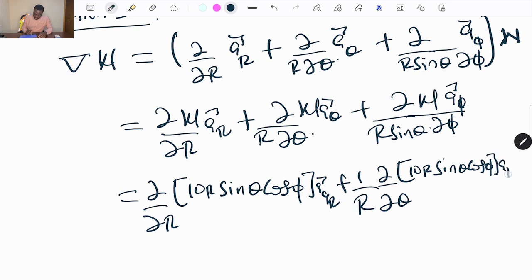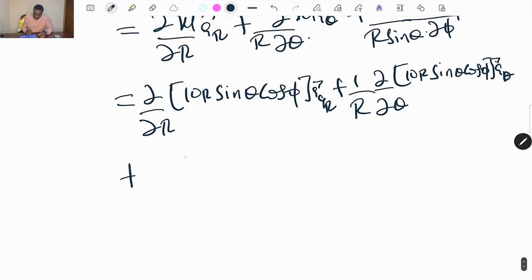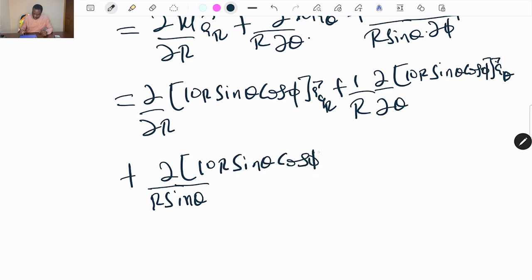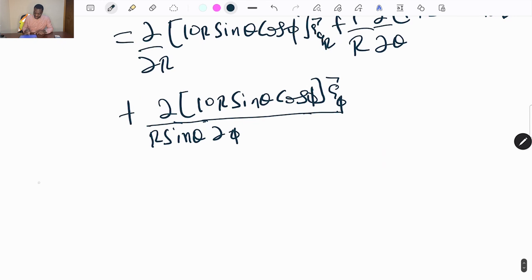Then for the last one, we have r sine theta, then we bring our 10r sine theta cos phi, then we bring the unit vector. Here we differentiate with respect to phi. Now that we've done this, we can just do the differentiation straightforwardly.